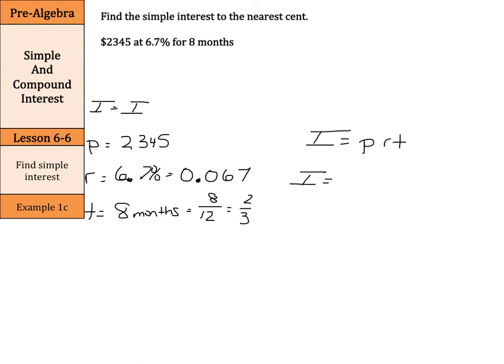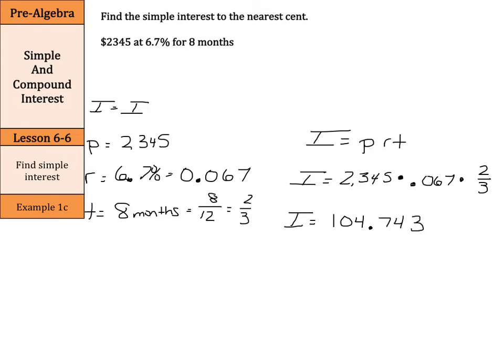I is going to equal my principal of $2,345 multiplied by my interest rate of 0.067 multiplied by my time, which is 2/3. Once I multiply these all together, my interest is going to equal $104 decimal point 743.